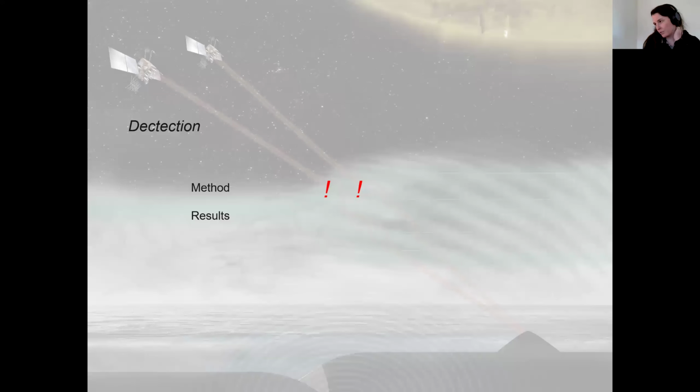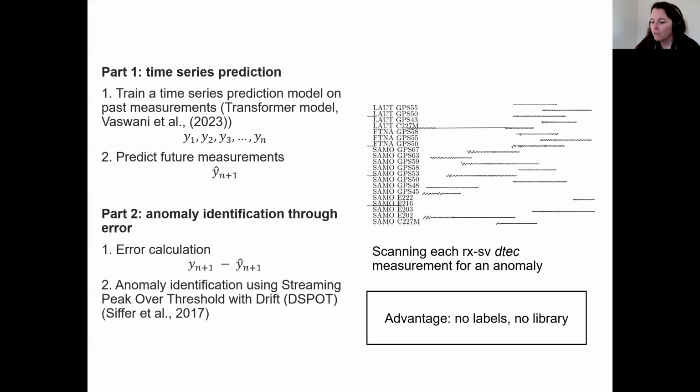All right, so detection. We're going to run through the method and then the results of the detection. So we have a measurement. How do we alert that this measurement looks weird, like a coseismic acoustic wave disturbance? Essentially the goal was to keep it pretty simple.